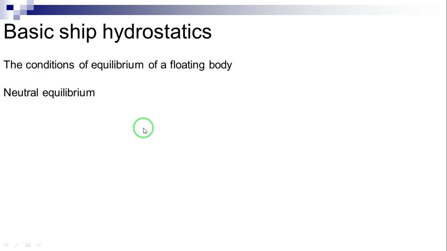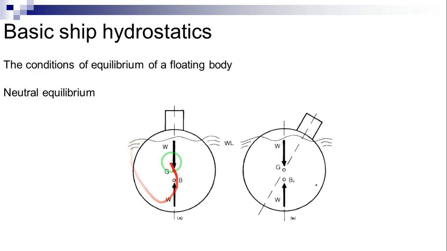If, on the other hand, a floating body that assumes a displaced inclination because of an external moment remains in that displaced position when the external moment is removed, the body is said to have been in neutral equilibrium and has neutral stability. An example of neutral equilibrium is a body of revolution with its center of gravity exactly on the axis of revolution as illustrated here.